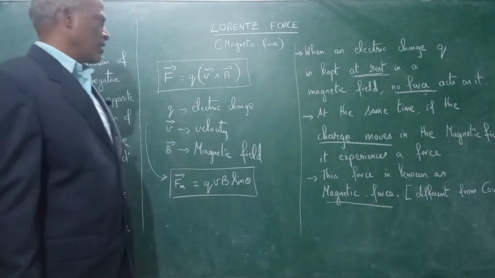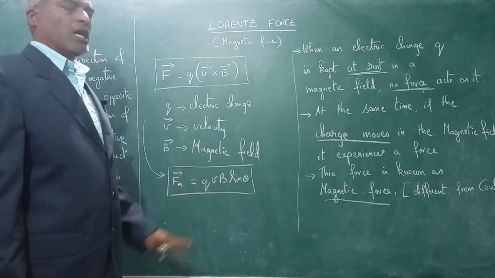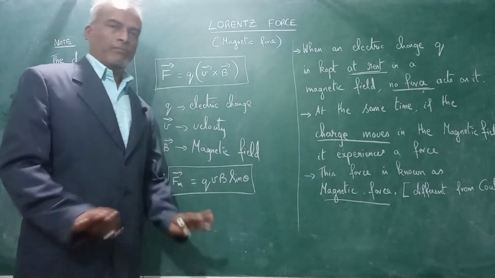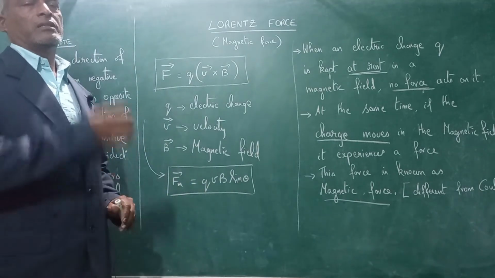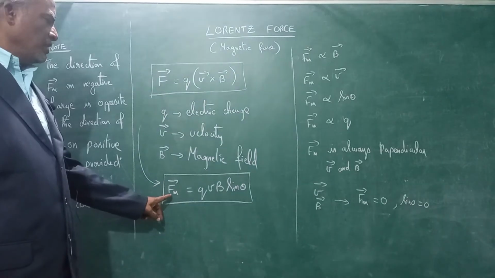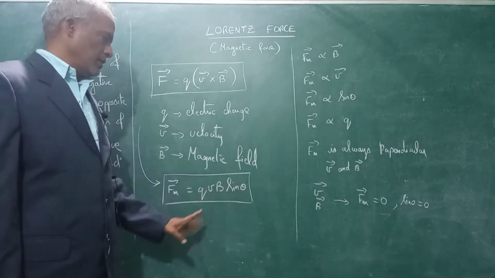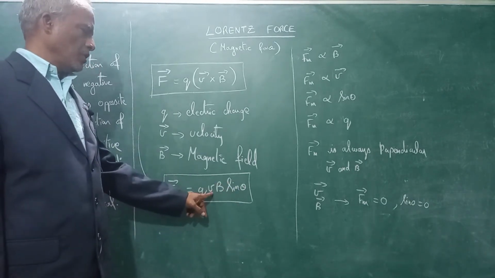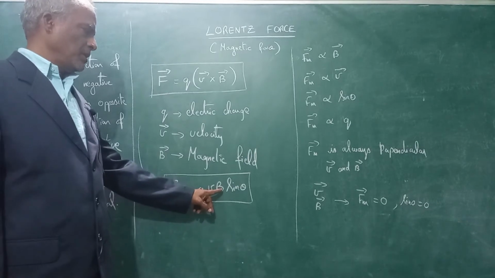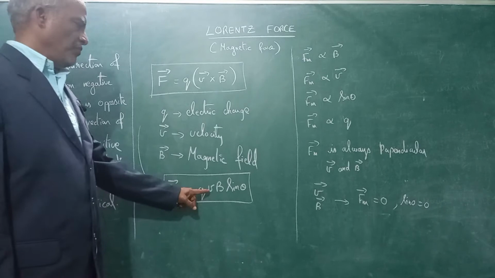Other factors are V, B, the angle theta, charge, everything has to be the same. If that is the case, then the directions will be opposite to each other. So the magnetic force is given by Q V B sine theta.